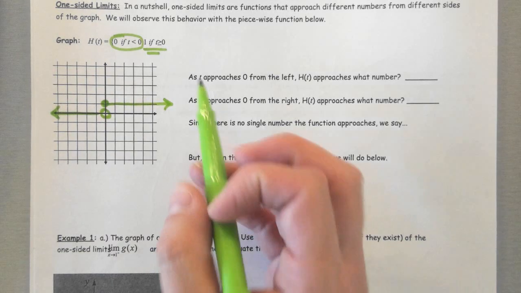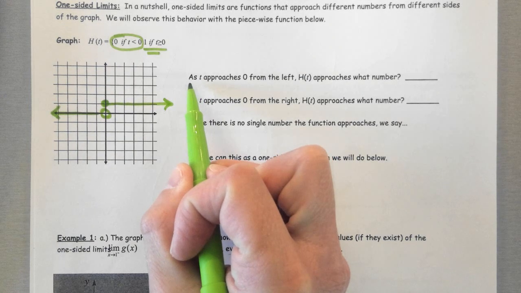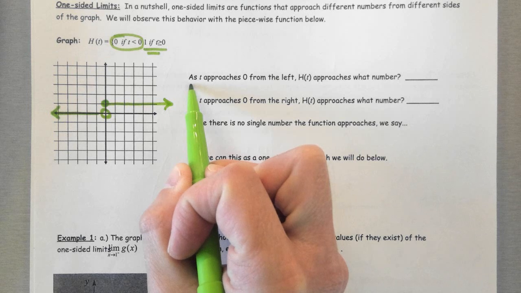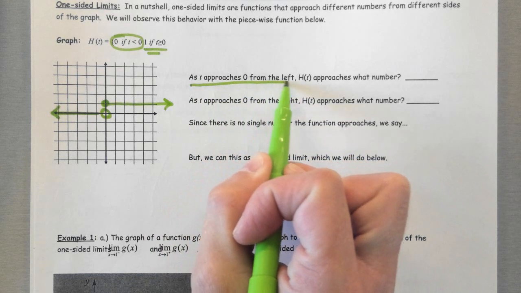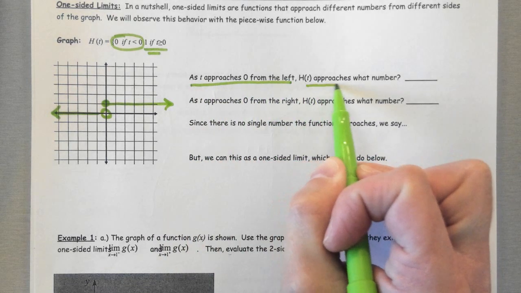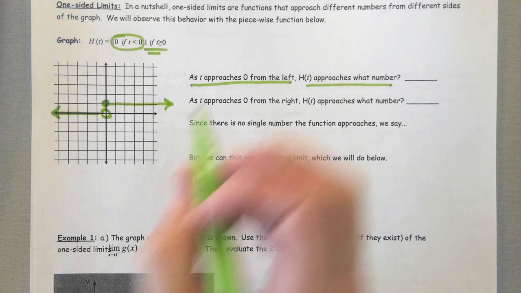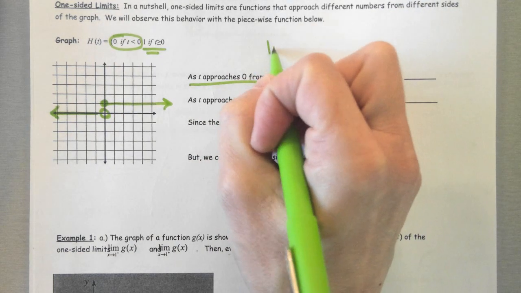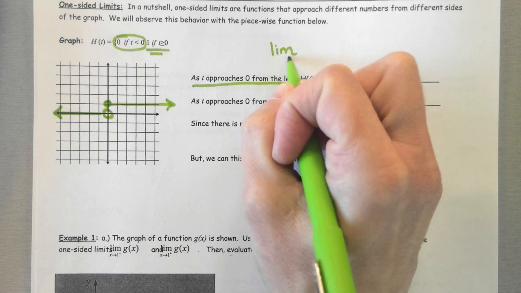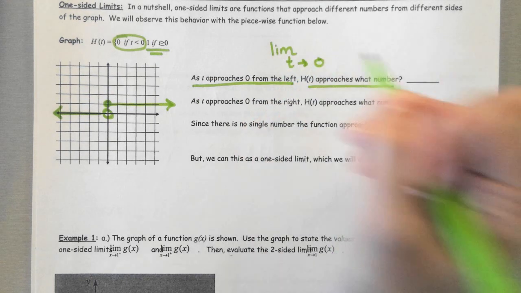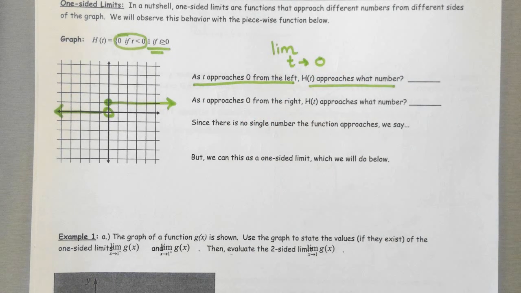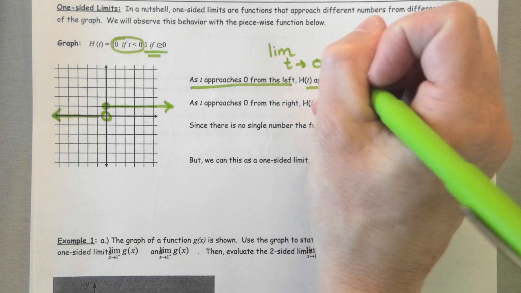The first thing says, as t, or you can think of it as x, approaches 0 from the left, what does h of t approach? The way that we would write that is the limit as t approaches 0. Now, we have to say it's from the left. When we're saying it's from the left, we're going to put a little negative up here.